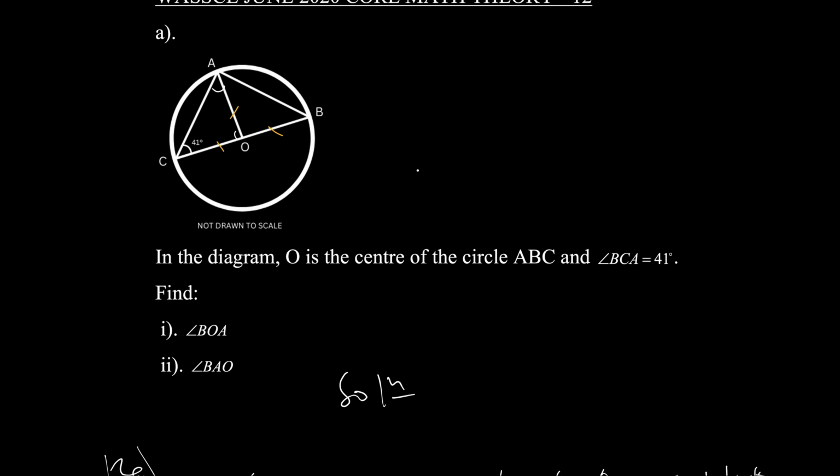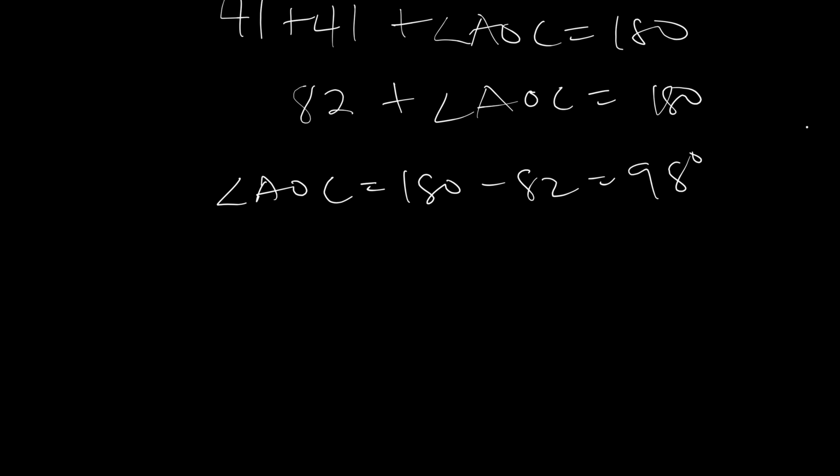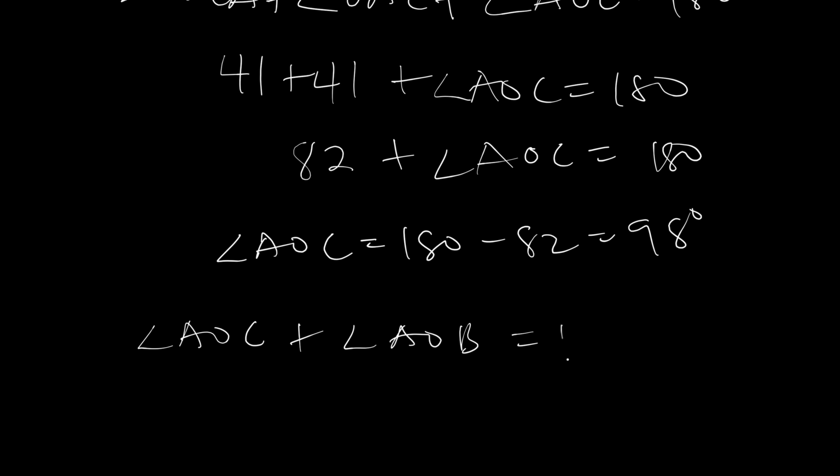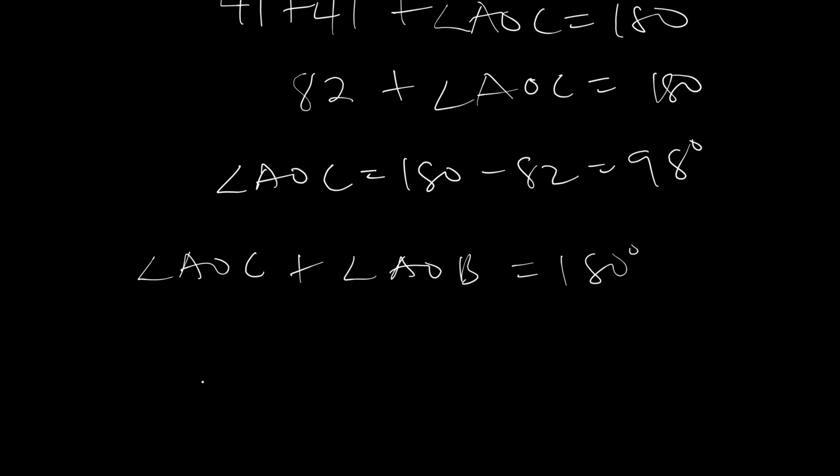Now we can say that angle AOC plus angle AOB is equal to 180, since the sum of angles on a straight line adds up to 180. So angle AOC plus angle AOB is equal to 180 degrees. So then we can say that 98 plus AOB is equal to 180 degrees.